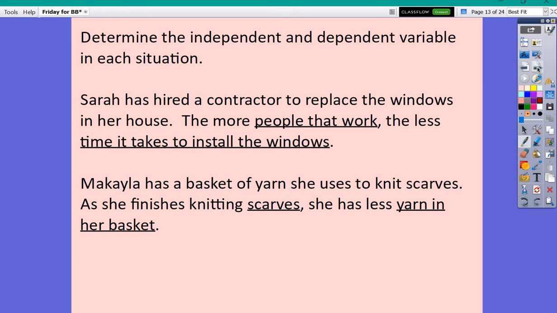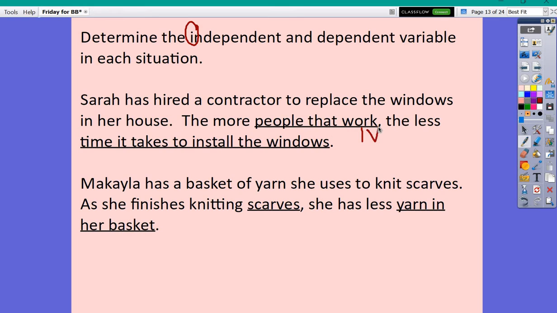So in science, we say that the independent variable is the thing that I control. So in the math problems, you've just got to think which thing do you have more control over, and that's going to be the independent variable. So in this situation, Sarah has control over, or the people that are working have control over how many people are working.